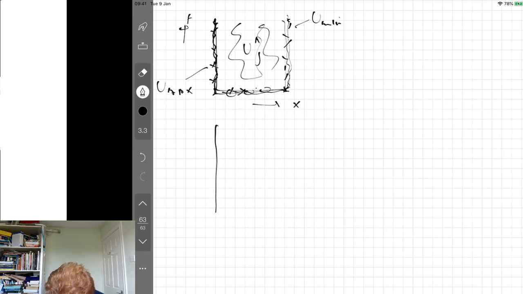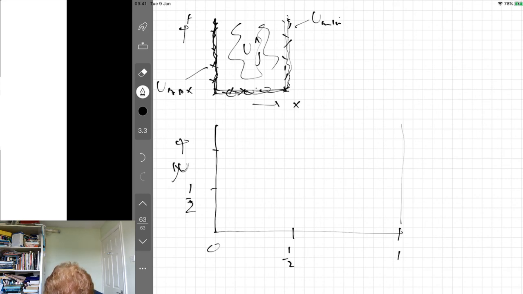So let's now plot mu versus theta, 0, half, 1. This is mu, and mu is half here.